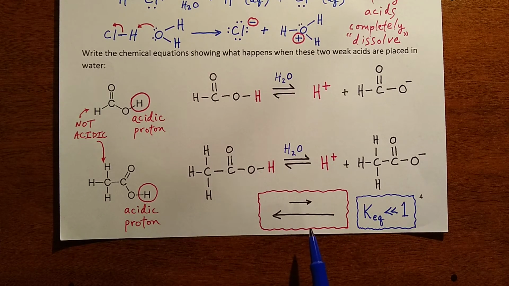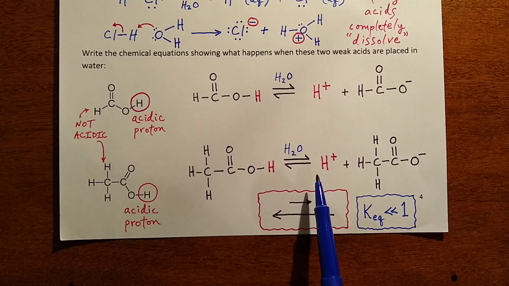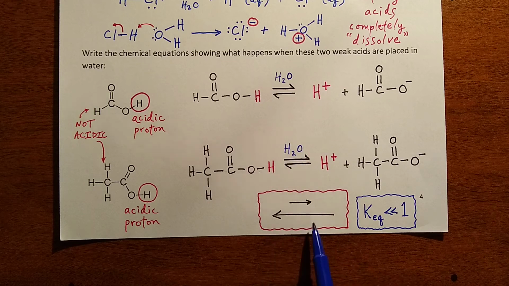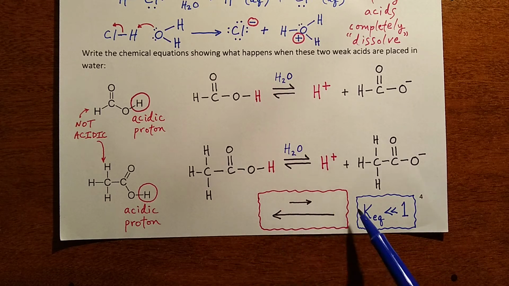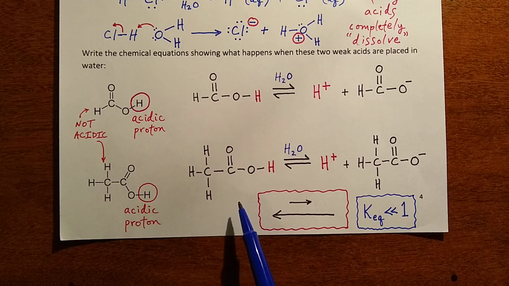In reality, we should represent these equilibria, these dissociations, with a double-headed, two-directional arrow like this, but not an equally sized one. The left arrow is a lot larger than the right. Why? Because by this notation, we're expressing the fact that the equilibrium lies to the left.